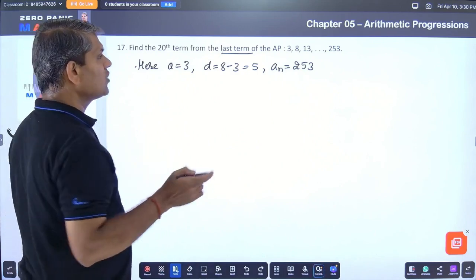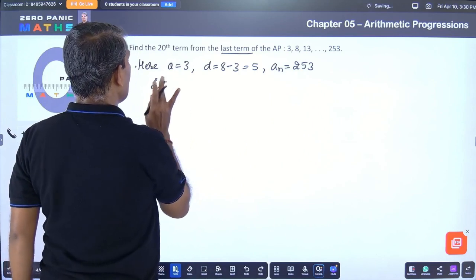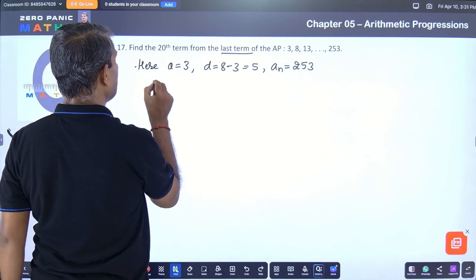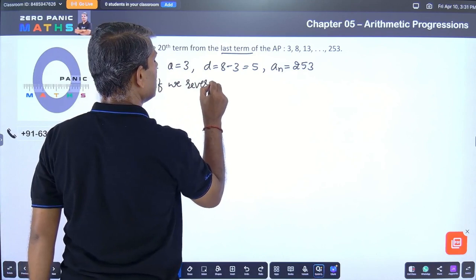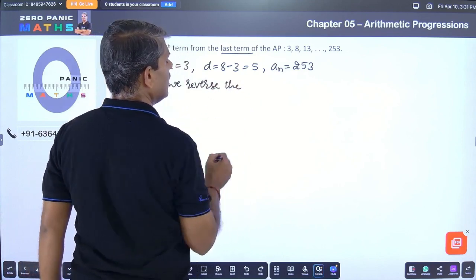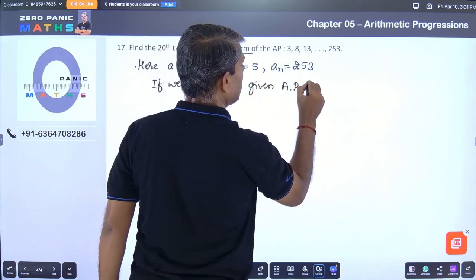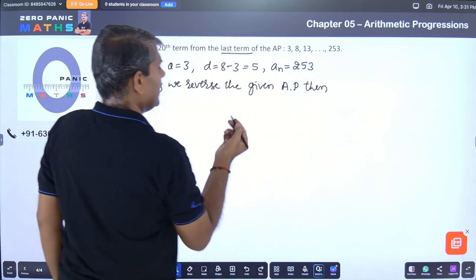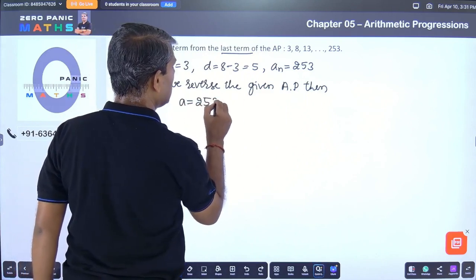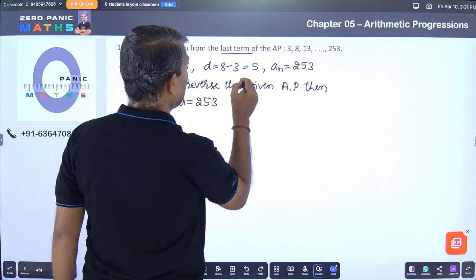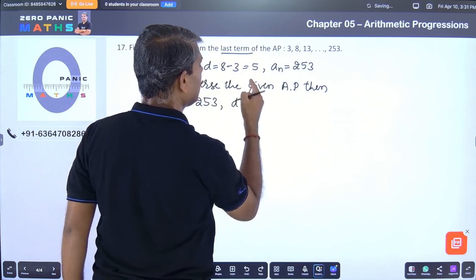You understood this? So let us do that. If we reverse the given AP, then A is equal to 253, which was the last term, and D is equal to minus 5, whereas in the current case it is plus 5.